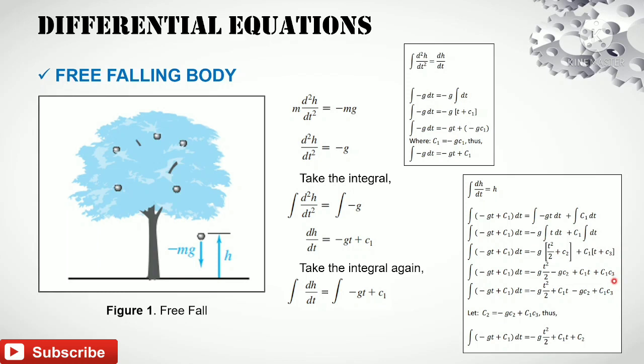Okay, so take note that this c is simply a constant. C1 is constant and c3 is also constant. So again, we are going to rearrange to combine the constants, and also to separate the terms having variables.